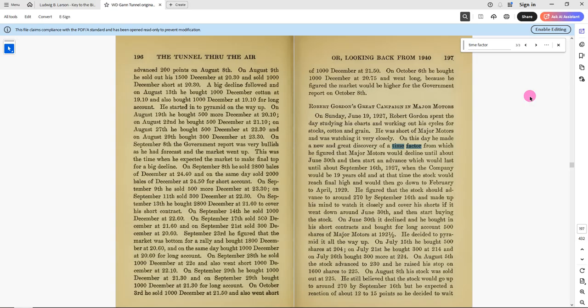I'm going to say one other thing here. I'm not going to go through examples of it, but now we see where the terms days, years, degrees in the Tunnel Through the Air book and also in the Ludwig Larson book, those terms are synonymous.